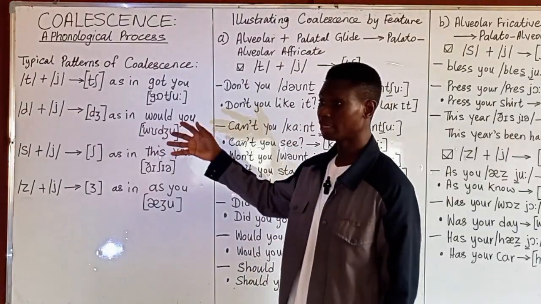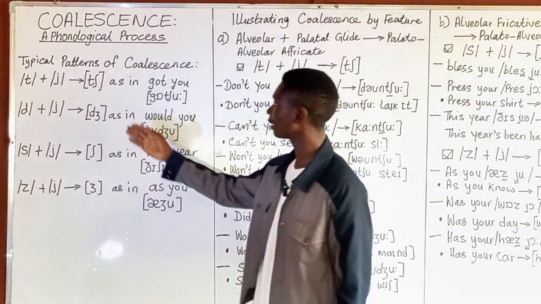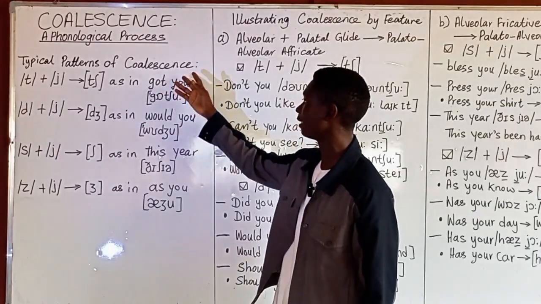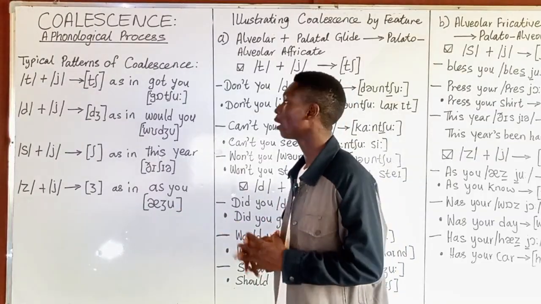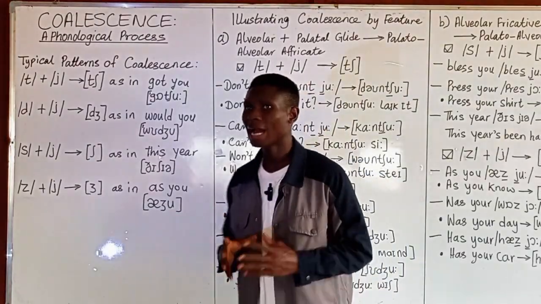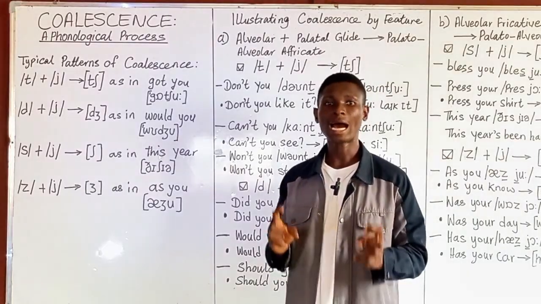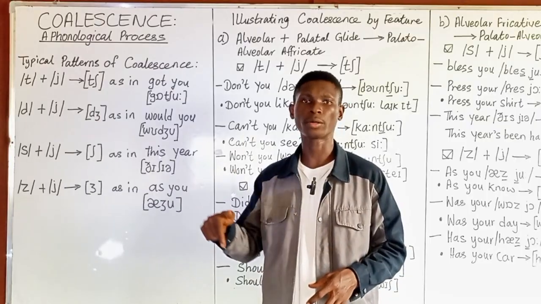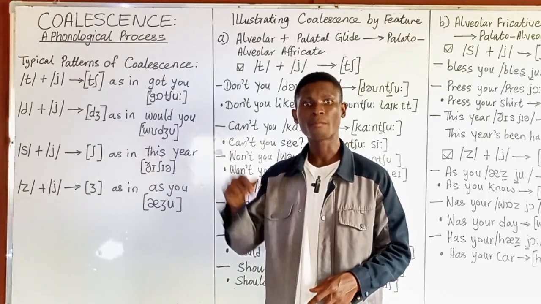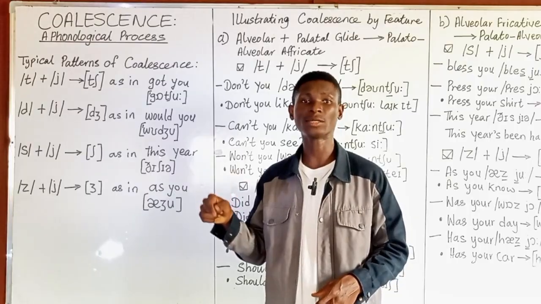Now, the first thing I'd like us to consider is typical patterns of coalescence. Coalescence is normally formed when we have an alveolar sound at the end of a word, and the next word begins with a palatal sound.